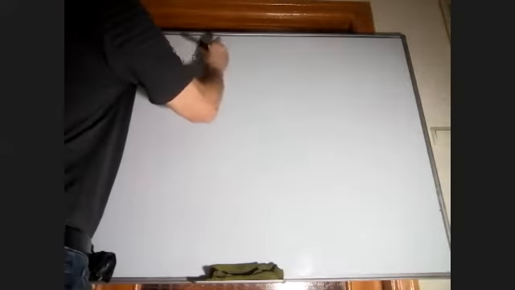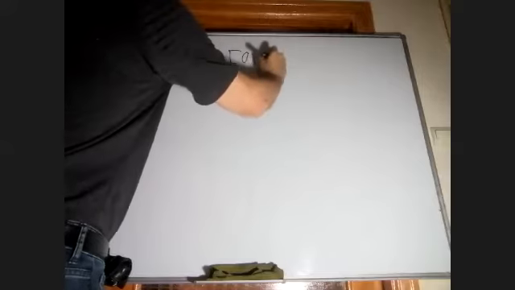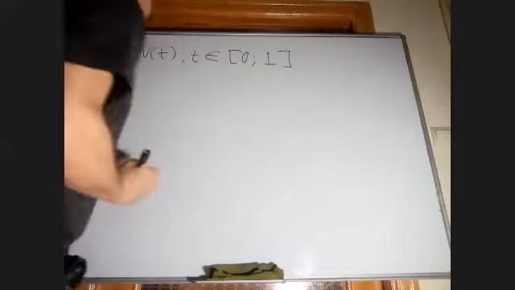So we consider one-dimensional Brownian motion W_t, t belongs to the time interval [0, 1].